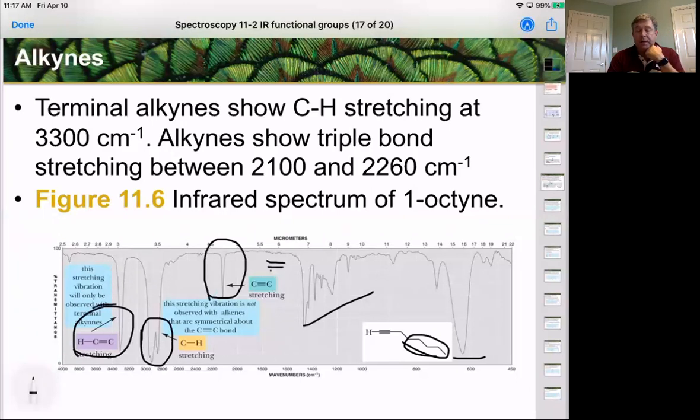It makes this bond a little bit higher, and we can separate it out from the other carbon-hydrogen bonds. So we can actually follow with IR going from an alkane to an alkene to an alkyne, seeing those bonds shift as they go. This is one of the big things that IR is helpful for, looking at functional group transformation.